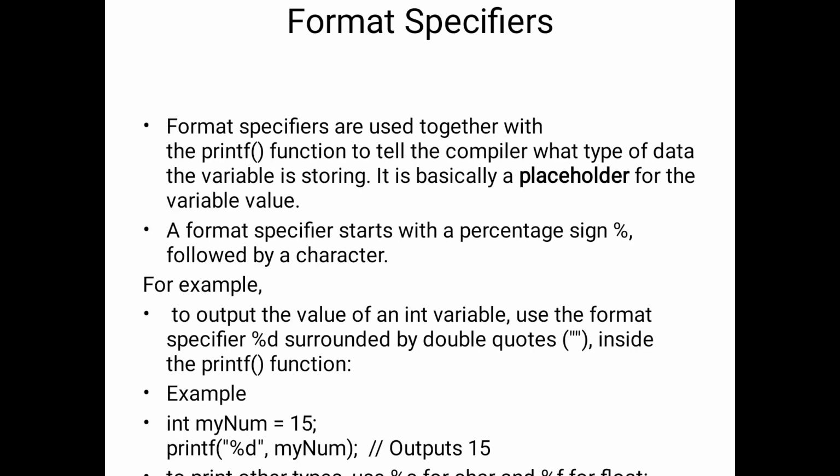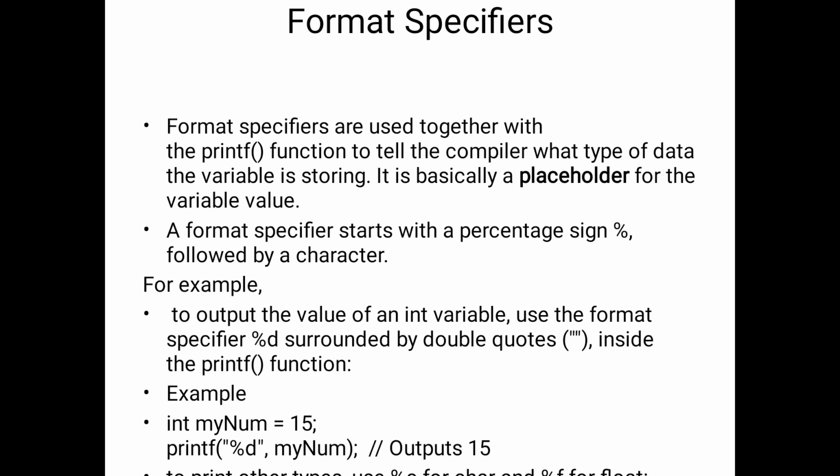The next process is specifying a format, or simply we can call it a placeholder. For example, here we are going to use the printf function to tell the compiler what type of variable is stored, either an integer variable, a floating point variable, or a character variable.